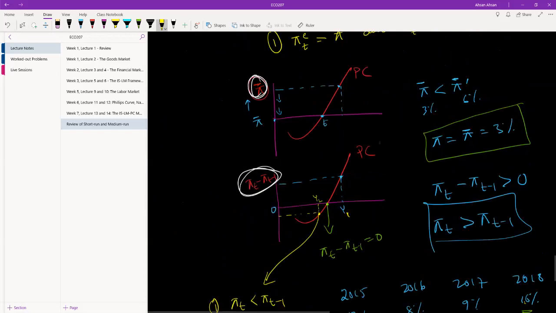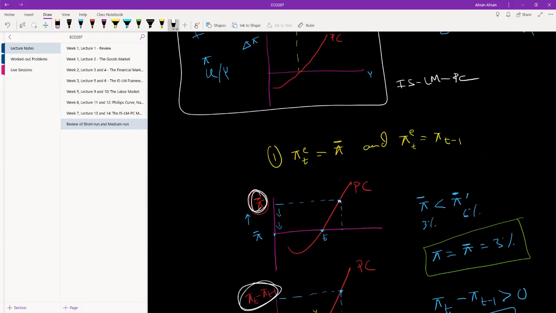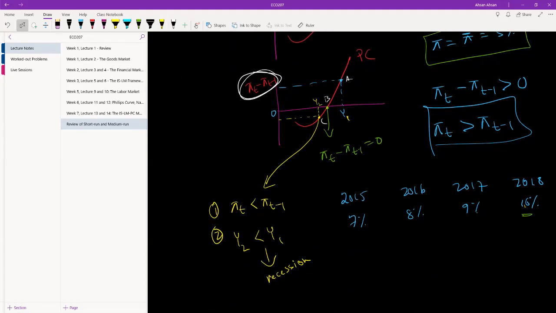So the difference was that over here, we could move from A to B straight away and everything was fine. But in this instance, if we have A, B, and C, we cannot move from A to B because inflation continues to be high.